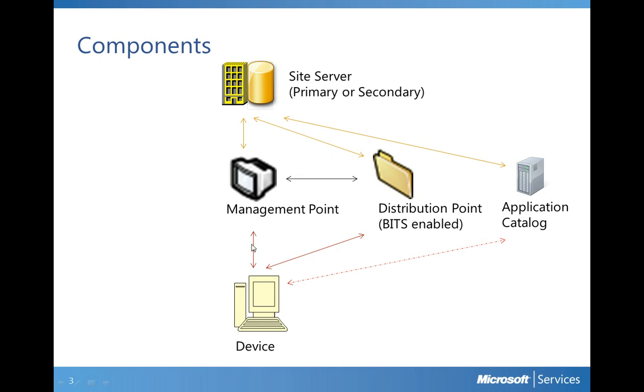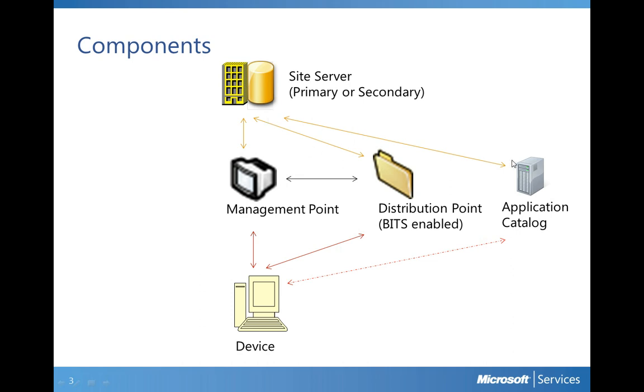I kind of drew, you probably figured out already, that the yellow lines are talking about what kind of communication the site server has to various components. It's certainly going to talk directly to the management point and back and forth. The management point will talk to it and so on. It'll also talk to the distribution point and stage content on the distribution point.